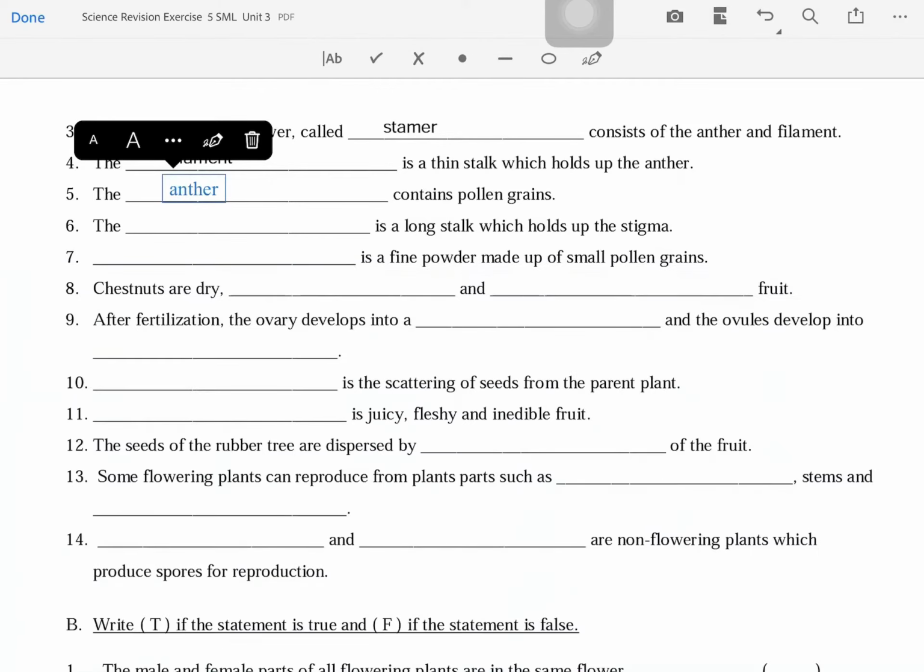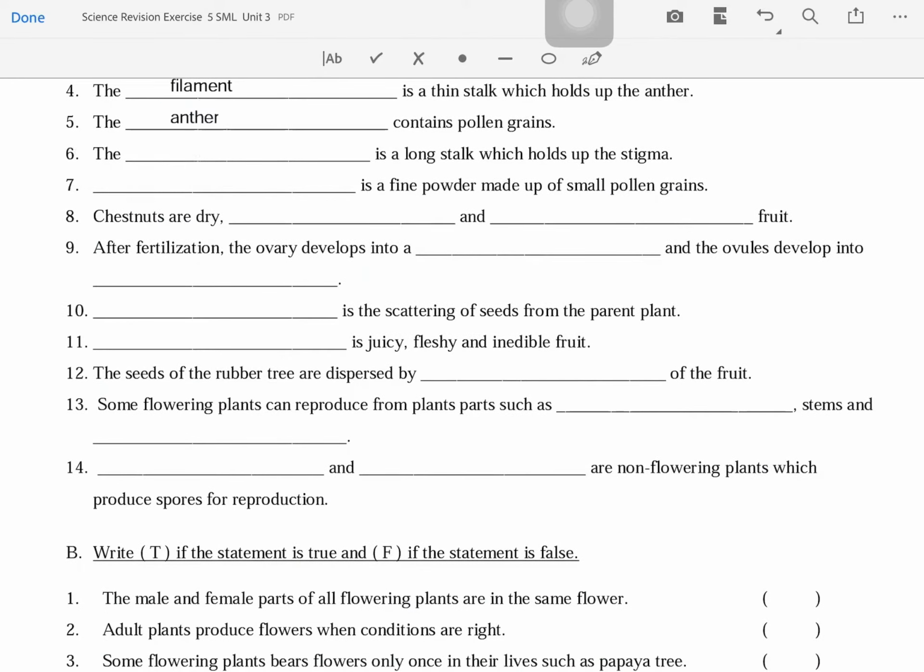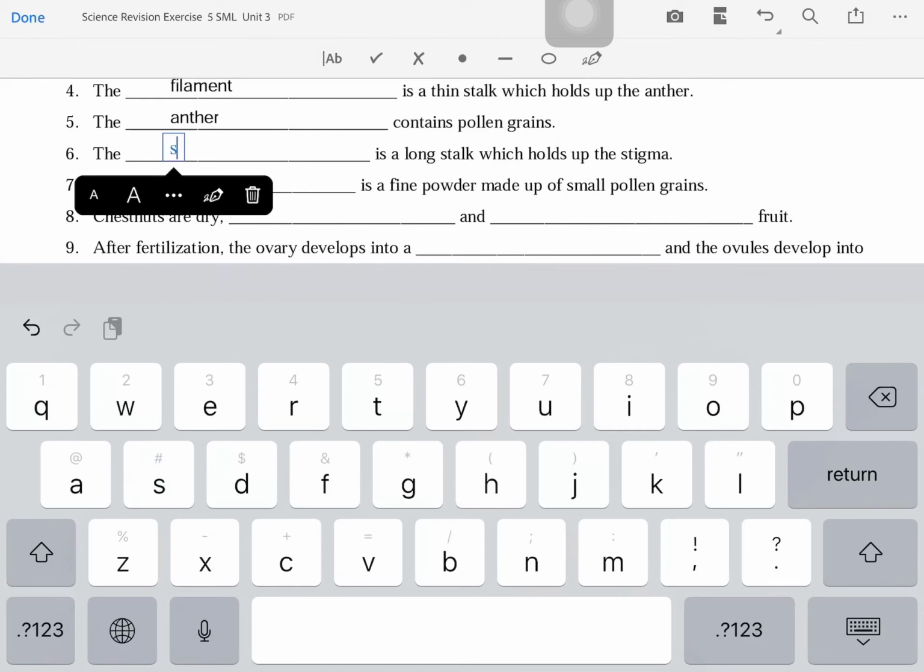Now moving on to question number 6. Which part of the flower is a long stalk which holds up the stigma? The part that holds up the stigma is the style. How do you spell style?